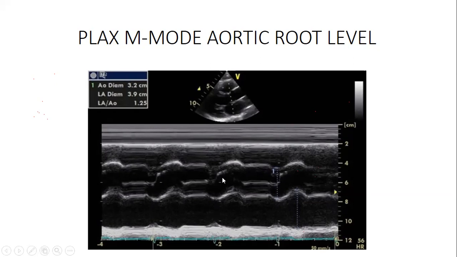Okay, closed, open, closed, open. So where you see a line, it's closed. And the aortic valve is only closed when the cardiac muscle is in diastole. In systole, it opens. So this is the opening here. This part is the opening part.